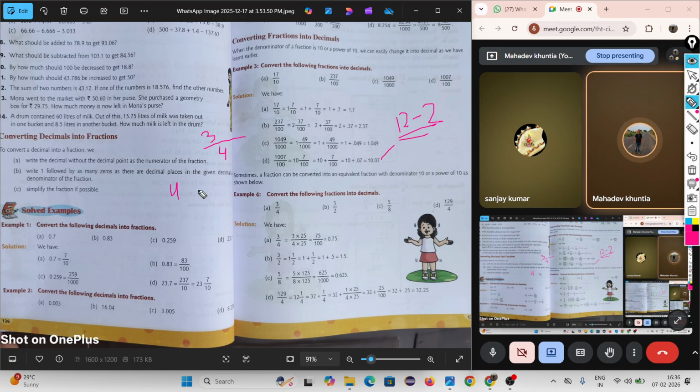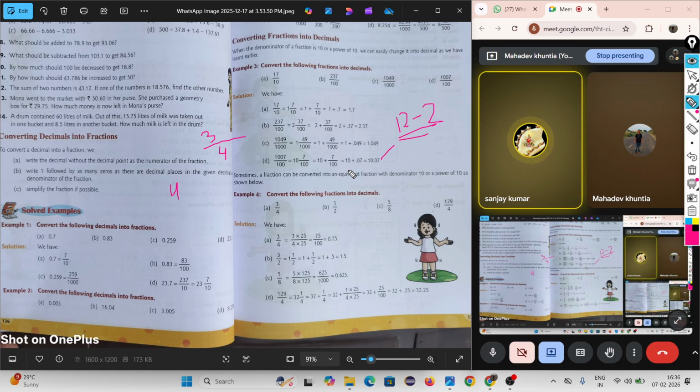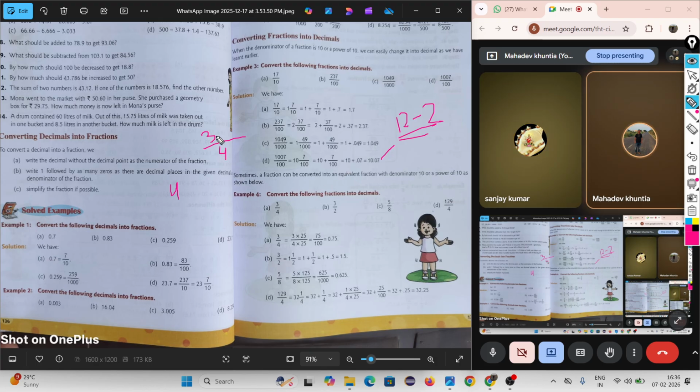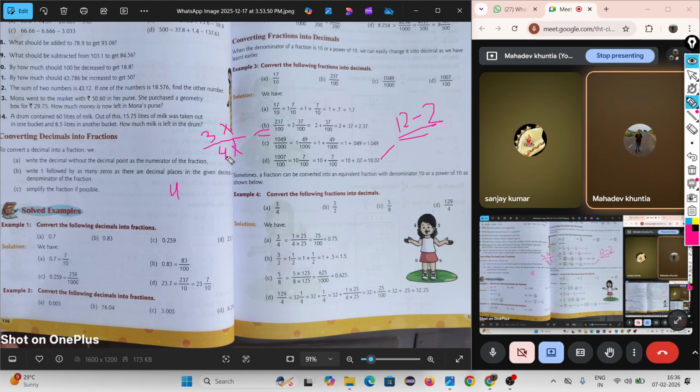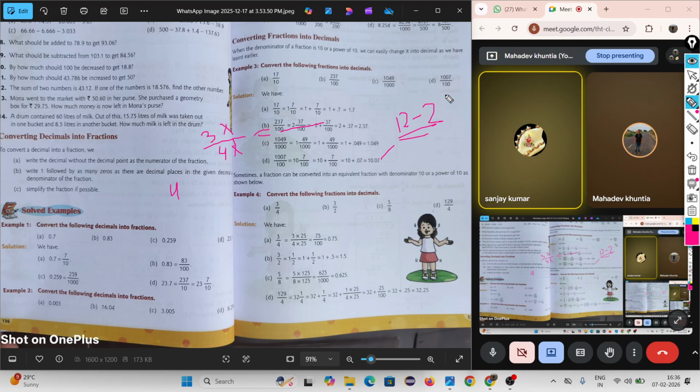Is 4 equal to 10, 100, 1000, 10,000? No. We can convert this denominator 4 into 10, 100, 1000.